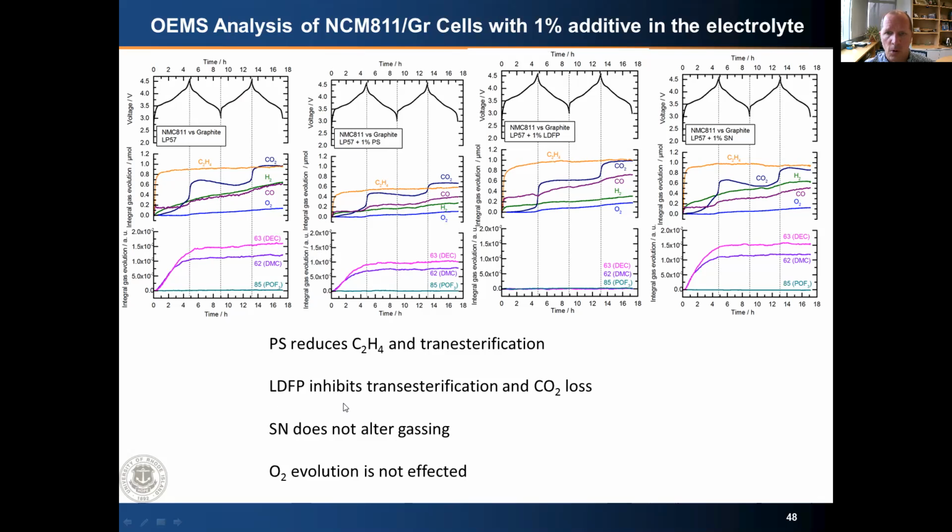Alternatively, the lithium difluorophosphate completely inhibits the transesterification reactions, completely shuts them all down. And it also inhibits CO2 somewhat. And then finally, succinonitrile doesn't really alter the gassing at all. And it's also interesting to note that none of these electrolyte additives really affect the oxygen evolution.